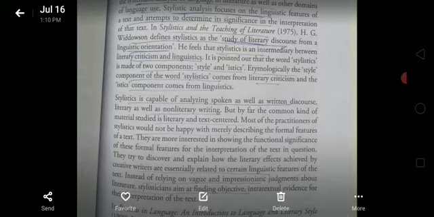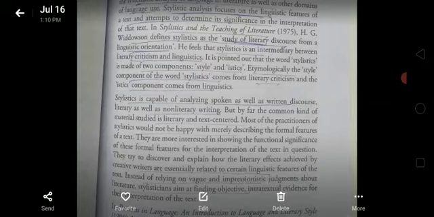I will focus on keywords and key sentences from this text. Stylistics is capable of analyzing spoken as well as written discourse, literary as well as non-literary writing. It does not matter whether it is literary or non-literary, spoken or written; it will be analyzed through stylistics.